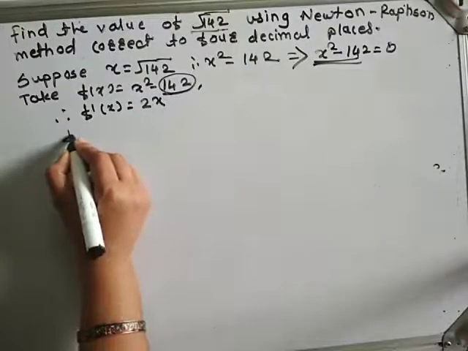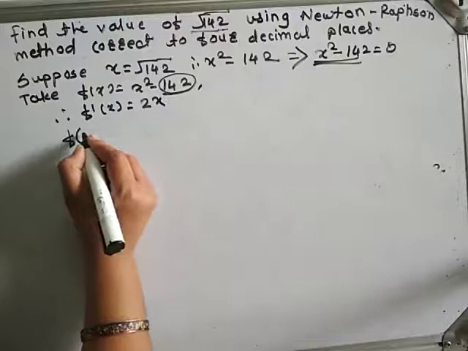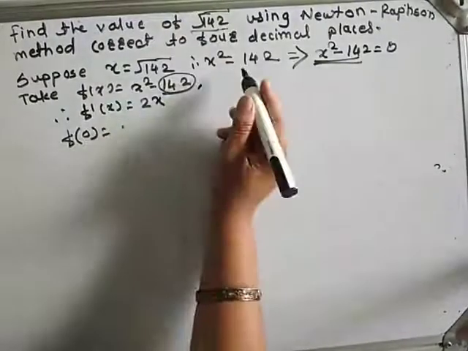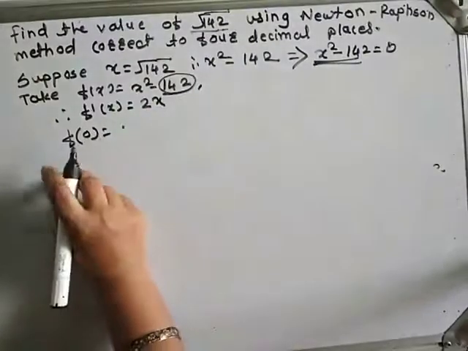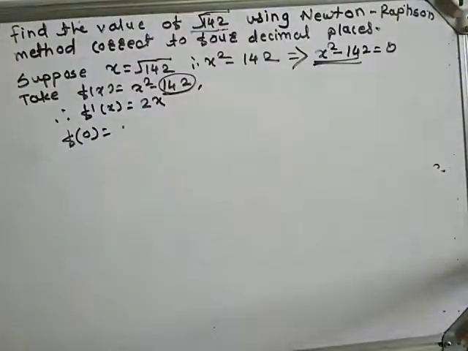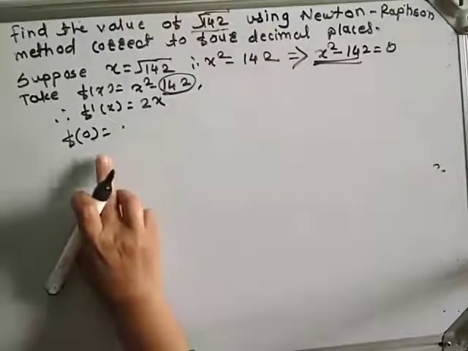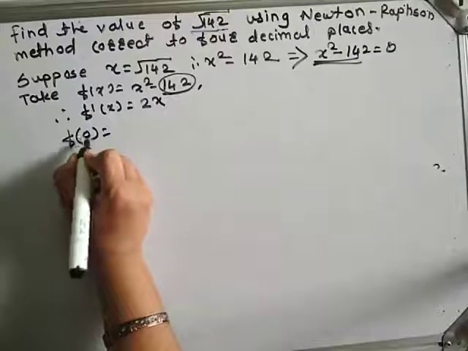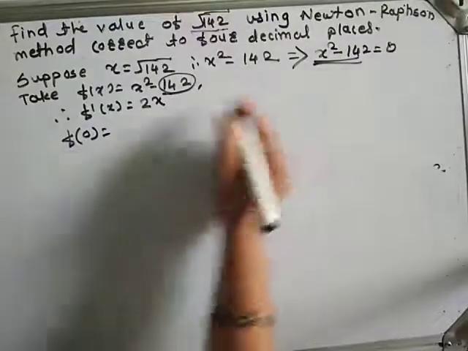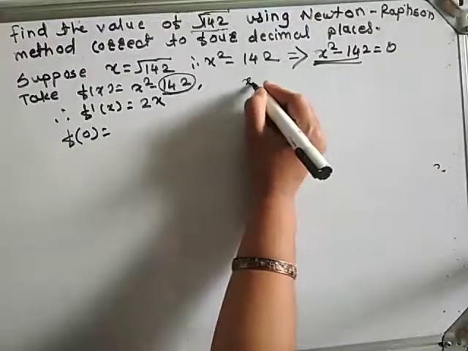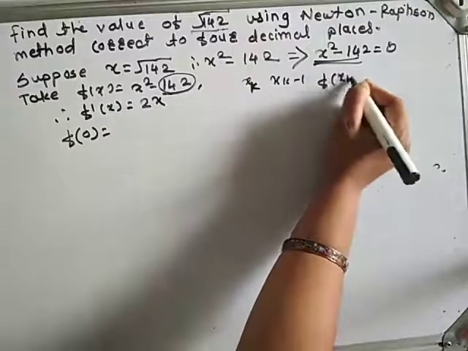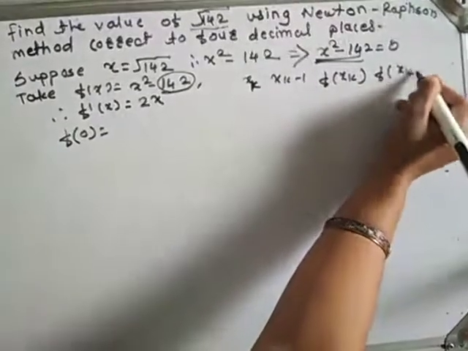Now first we have to find the interval in which the root lies. So first we find the points xk and xk minus 1 such that f of xk and f of xk minus 1 both have opposite signs.